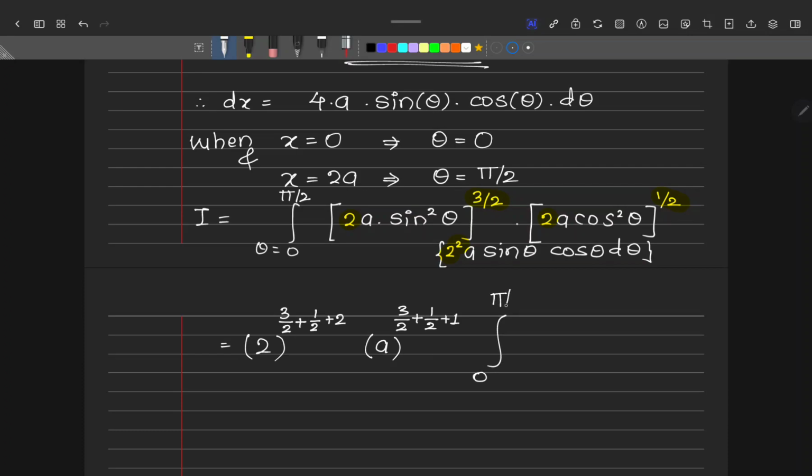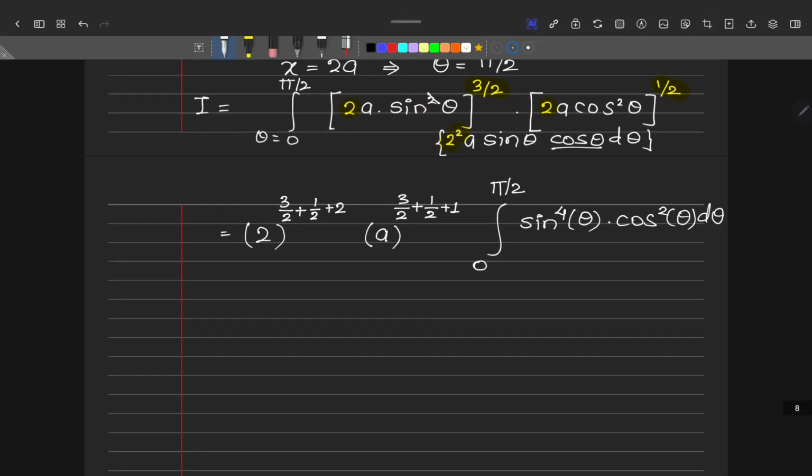Now our integration will turn out to be, so check, this 2 gets cancelled, so this will be sine cube theta into sine theta, that will be sine raised to 4. Then cos square theta raised to 1/2 will be cos theta, and this cos theta will give us cos square theta d theta. So the value of m is 4, n is 2, and then we solve.